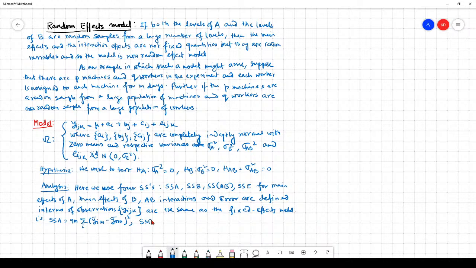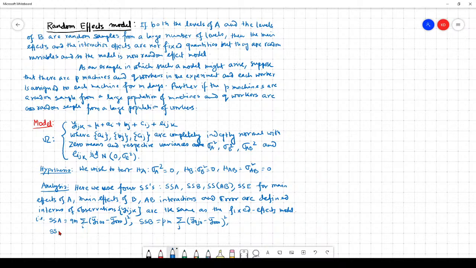SSB is the sum over j of (y naught j naught bar minus y naught bar) whole square.